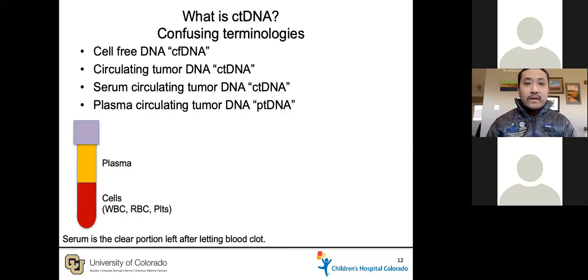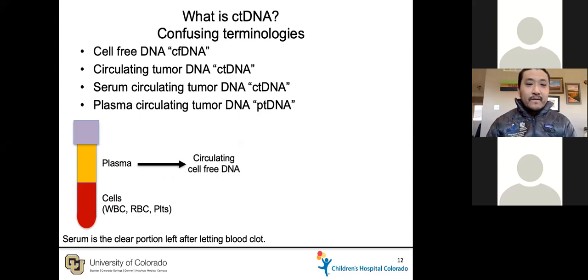Since RNA doesn't work, DNA has become very commonly used for liquid biopsies. ctDNA has been thrown around a lot, and I feel like this is really confusing. Cell-free DNA, circulating tumor DNA, serum, plasma, there are just so many words.